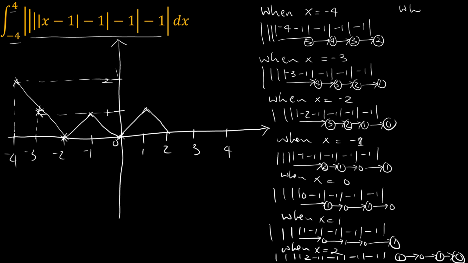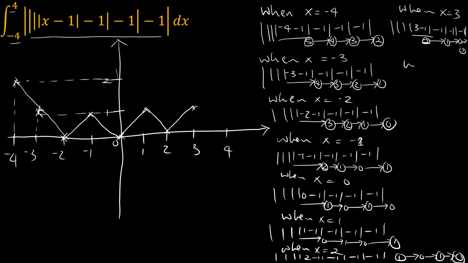When x equals 3, we have 3 minus 1, absolute, minus 1, absolute, minus 1, absolute, minus 1, absolute. So you see here we're beginning from 2, goes to 1, goes to 0, and then goes to 1. So we're having that there. Okay?